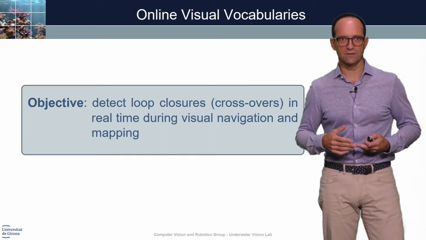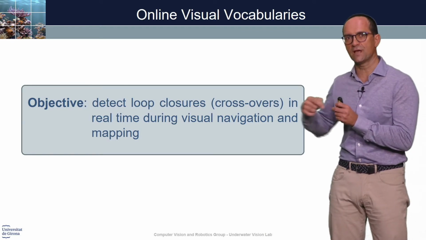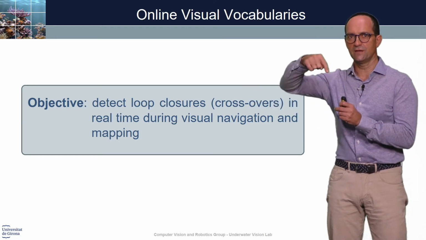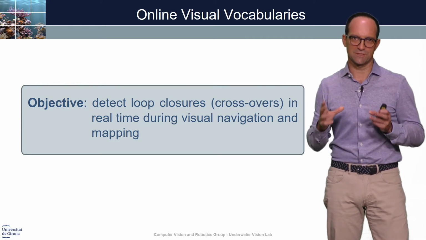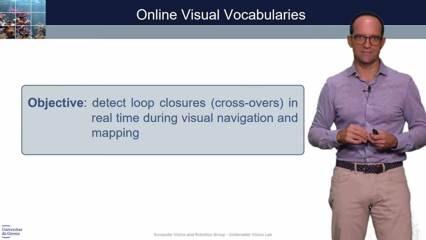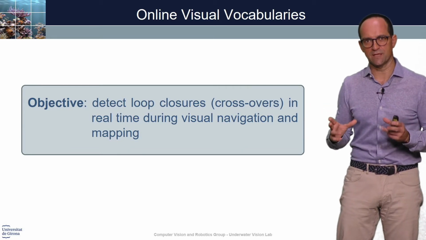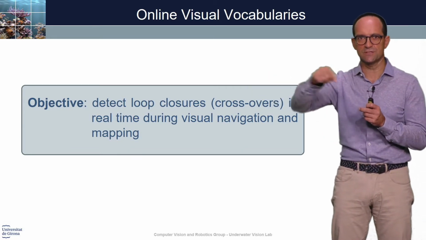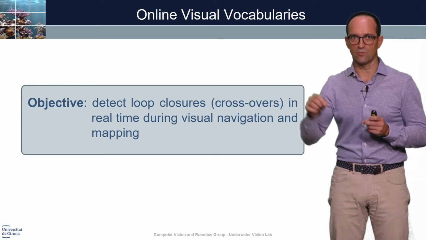And registering consecutive images is relatively easy. What is more difficult is to detect loops, which is basically when your robot is navigating in a given area and then does a trajectory and revisits the same place of the scene again, of the seabed again. And you want to recognize that you are in the same place, because as the robot is doing this trajectory, it's going to accumulate drift by estimating the individual motion.